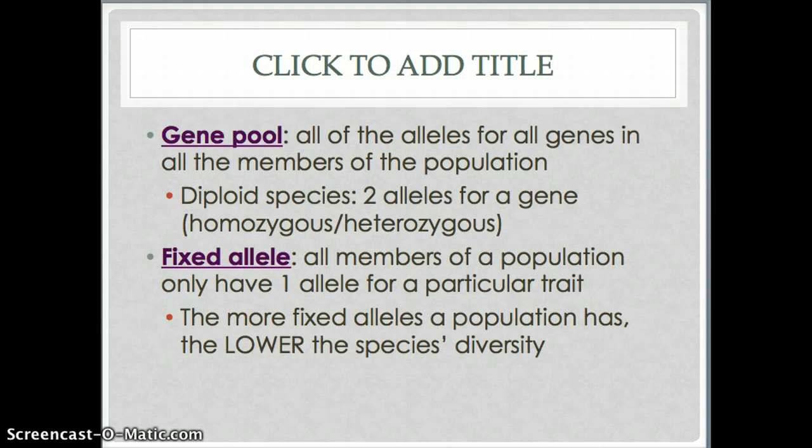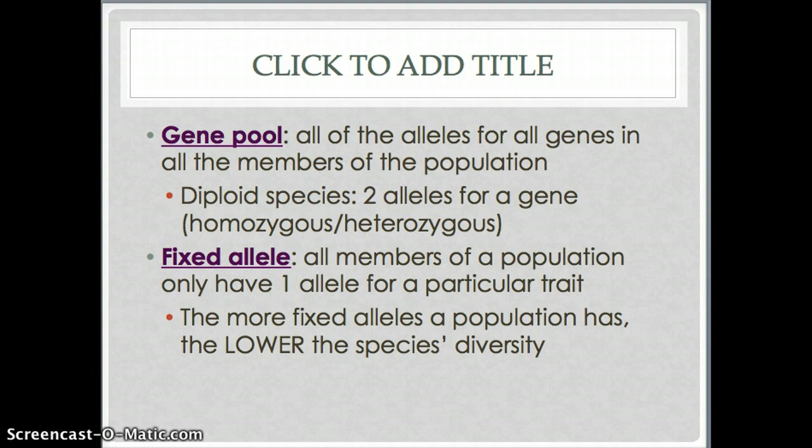Furthermore, within the population, we need to know something about them. Gene pool is an expression of all the alleles for all the genes in all the members of the population. Using humans as an example, we are what we call a diploid species, so we have two alleles for a gene.